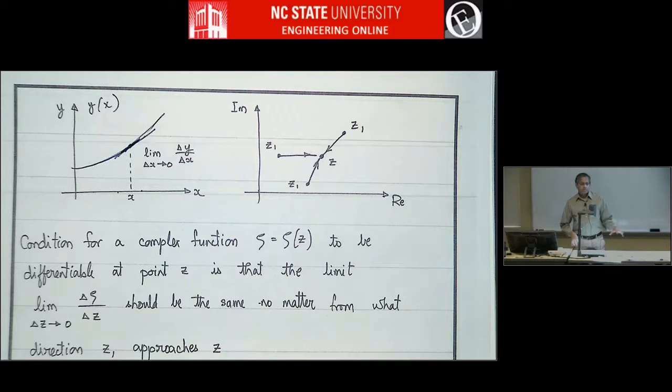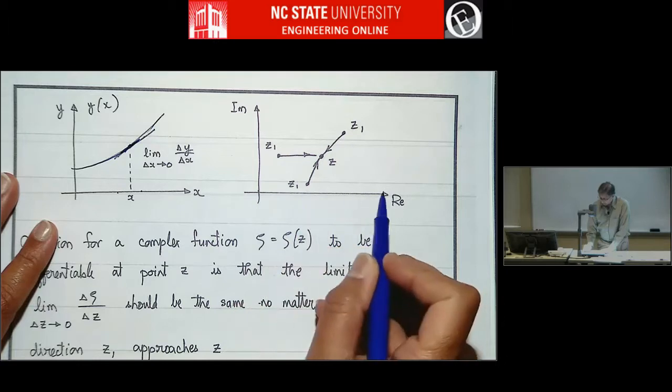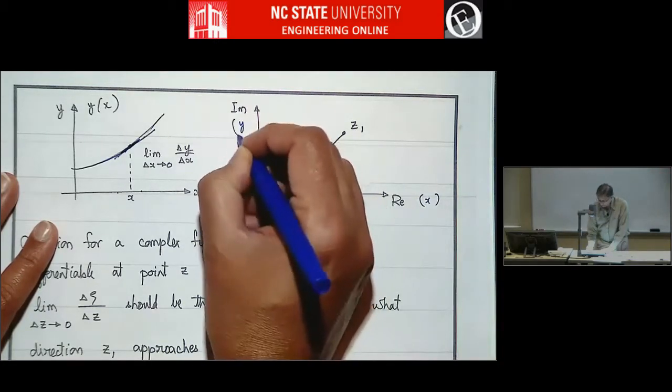A complex function is more complicated because it's a function of two variables. In the z plane, you have the real part which is x and the imaginary part which is y.